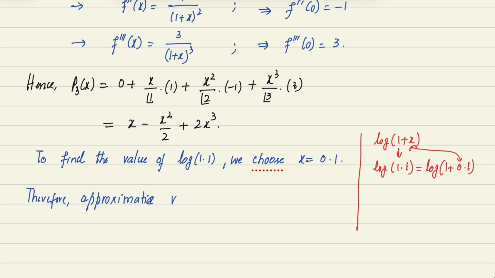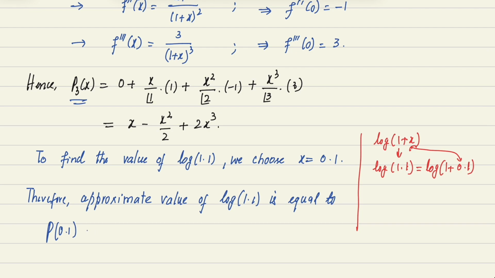Therefore, approximate value of log of 1.1 is equal to P3 of 0.1, because we have evaluated the value of x to be equal to 0.1. So we substitute this x equal to 0.1 in this Taylor polynomial here.